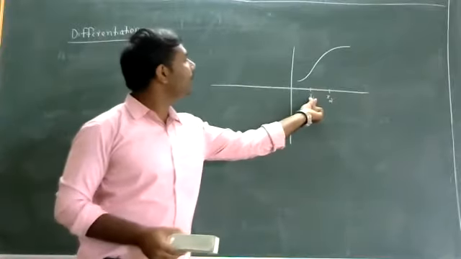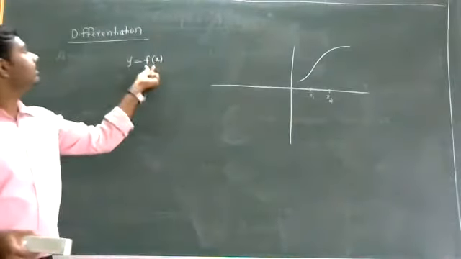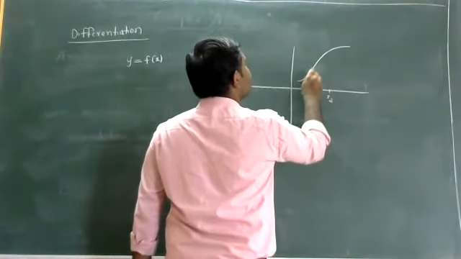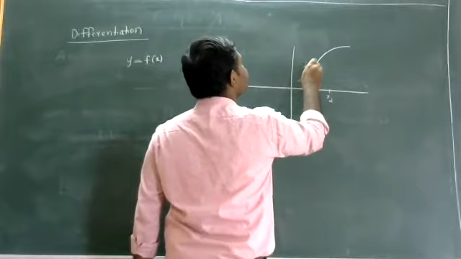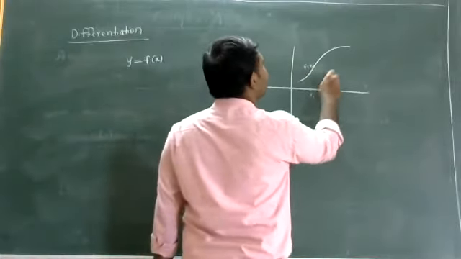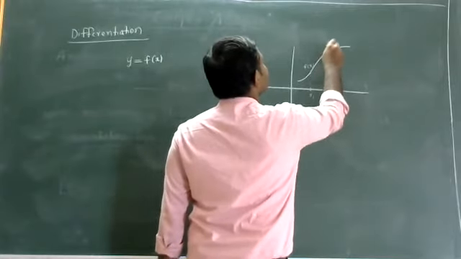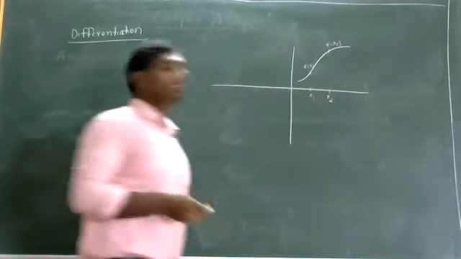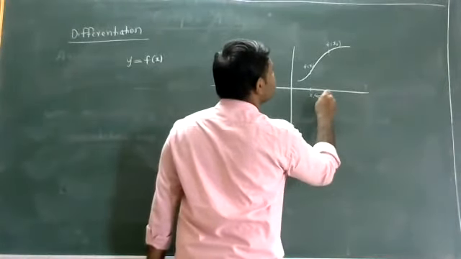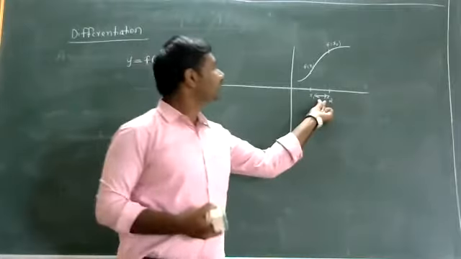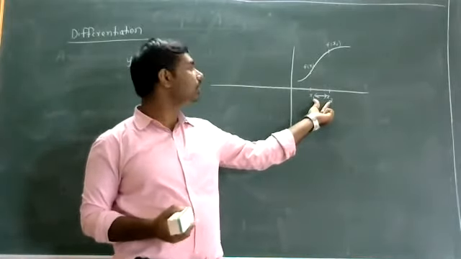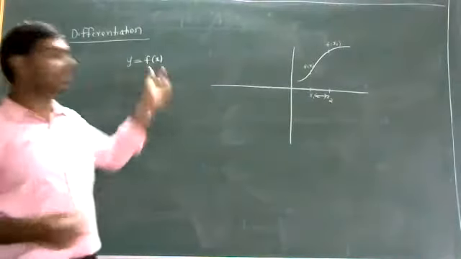For the point x1, the corresponding value of the function is f of x1. Likewise, for x2, the corresponding value is f of x2. This difference is the change between two corresponding points of the domain of this function.